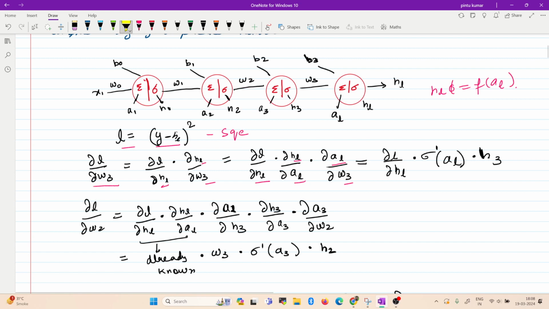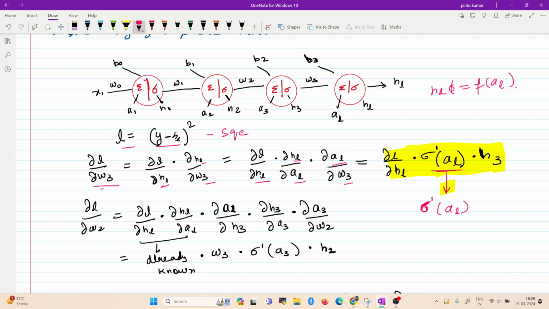What I want to highlight is that at the end we'll get something of this form, with two important terms. The first term is sigma dash of aL, where sigma is some activation function.